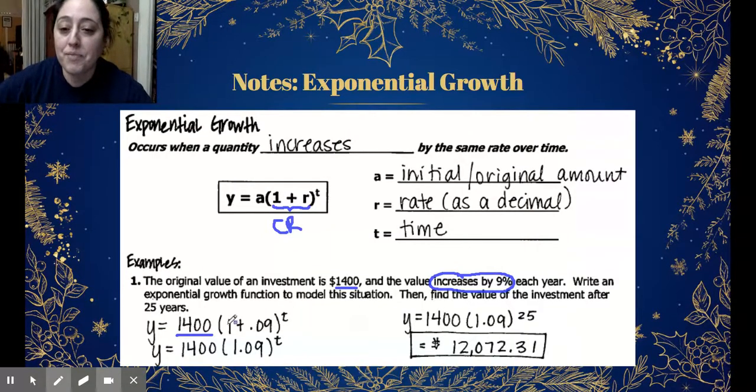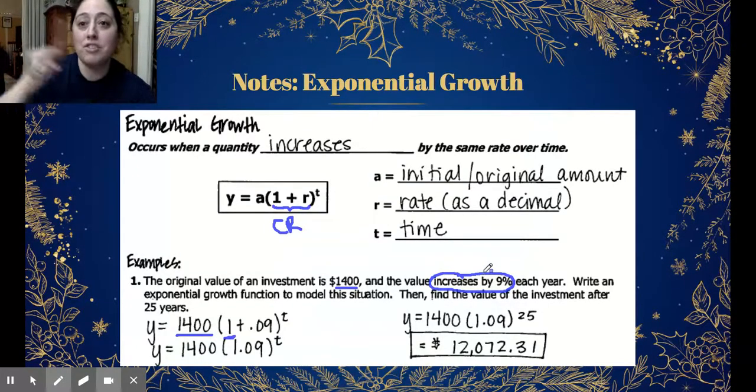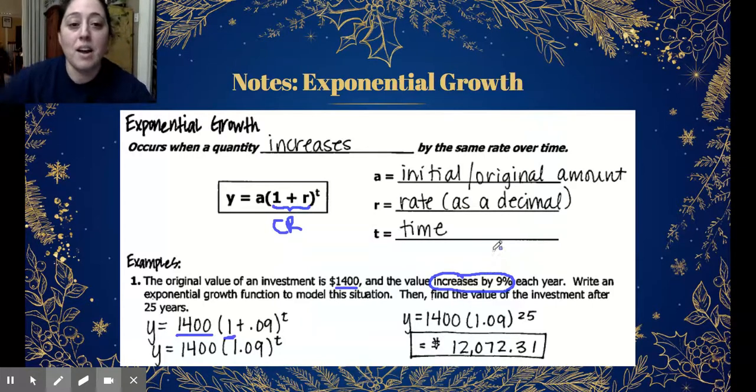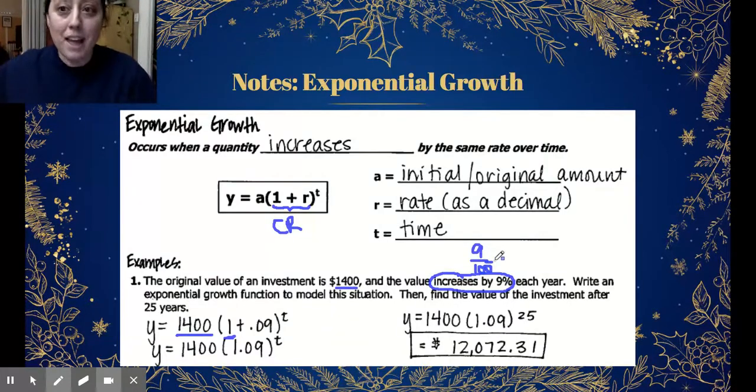So I have 100% of 1,400. You should have watched the video before this one where you converted 9%, which literally means 9 per cent. Cent is 100, like 100 pennies. That's why they're called cents, and you need 100 of them to make a dollar.